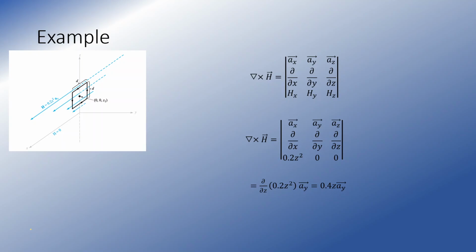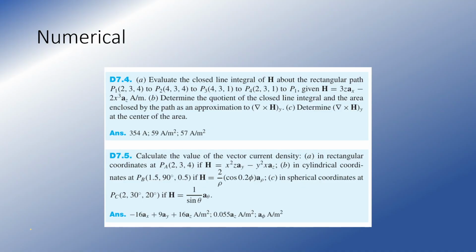With this concept, let us take a moment to solve these two numericals whose answers are already given in the textbook. Let us not forget that the notation used in the textbook is that the bold letter H signifies a vector. Wherever there is a bold letter H, let us understand that it is going to be a vector.